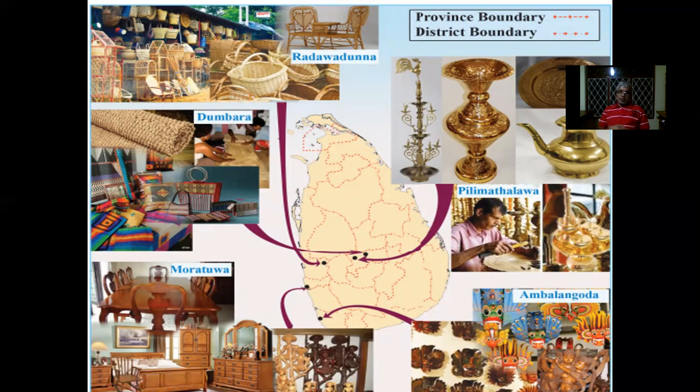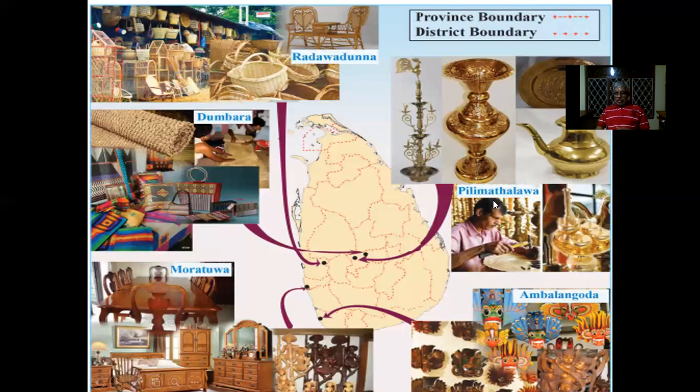Then brassware, you find it here, different types of items are there. It's a traditional oil lamp, flower vase, then water pitcher, tray, and this is a person who engages in it, an artisan.